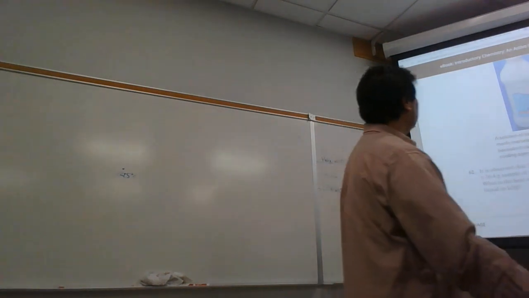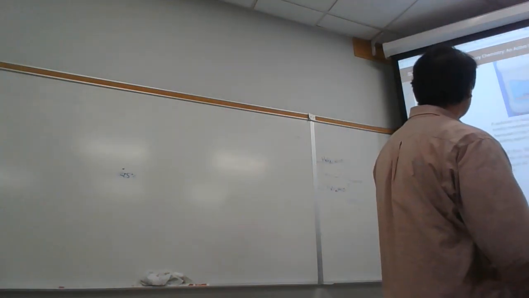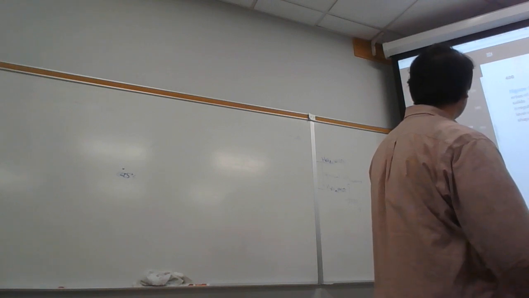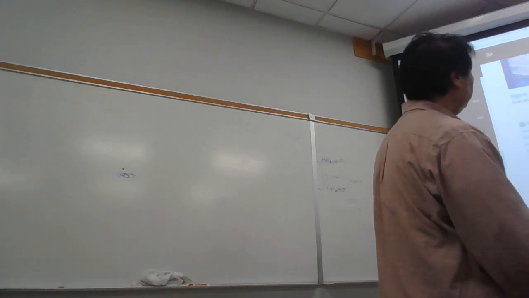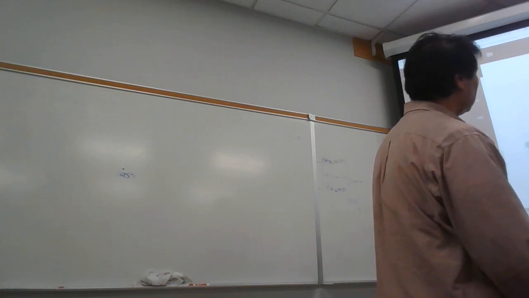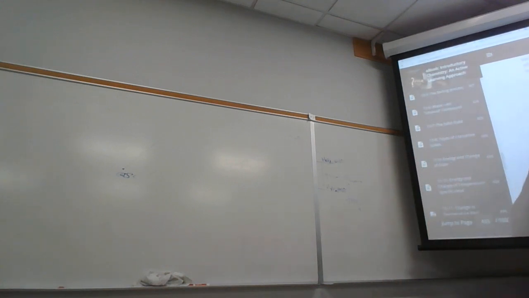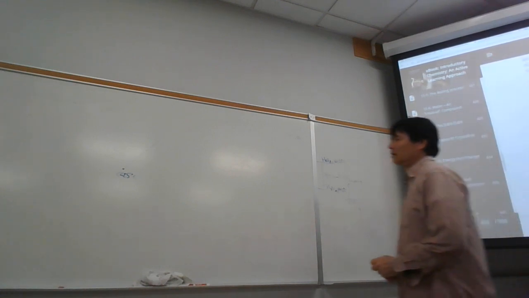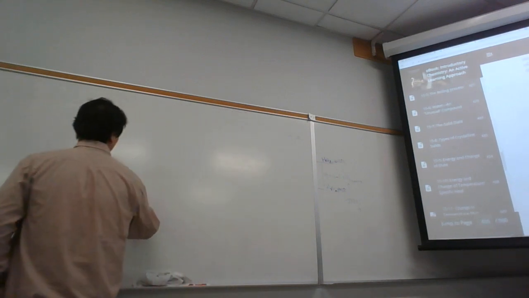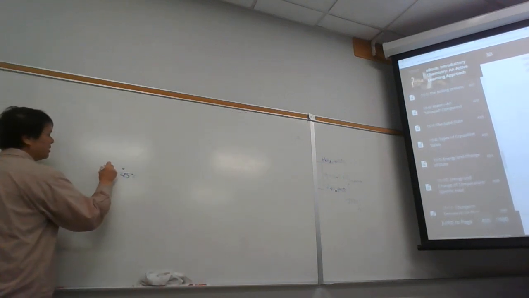Well, we look back here at the table and get gold here has a melting point of 1,064 degrees C. So the first point is we have to take gold at 25 degrees C. This is gold solid.